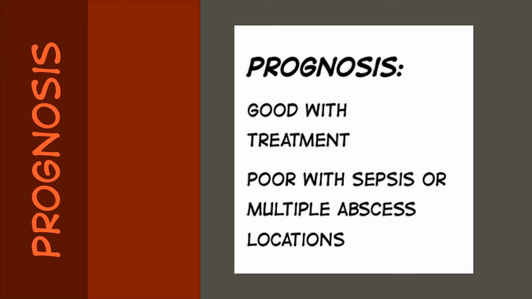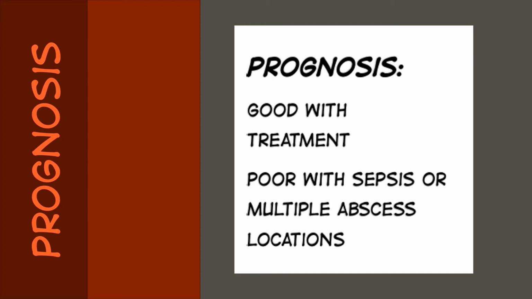Once a patient is diagnosed with a pyogenic abscess, as long as it's treated, they typically have a good outcome. If the treatment is delayed or maybe ineffective, then the patient can develop sepsis, and sepsis is pretty hard to treat.